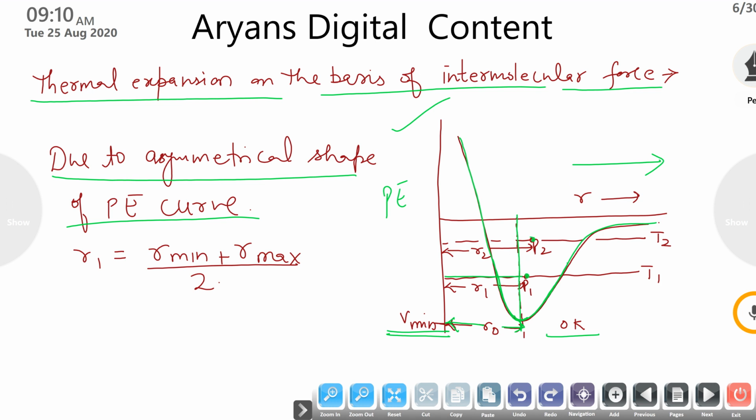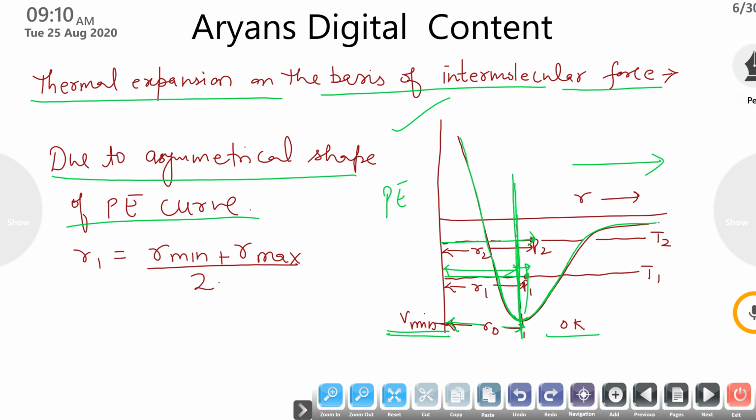So at temperature T1 the exact separation is up to this point, that is P dash. And if we again increase the temperature to T2, the interatomic separation increases up to point P.